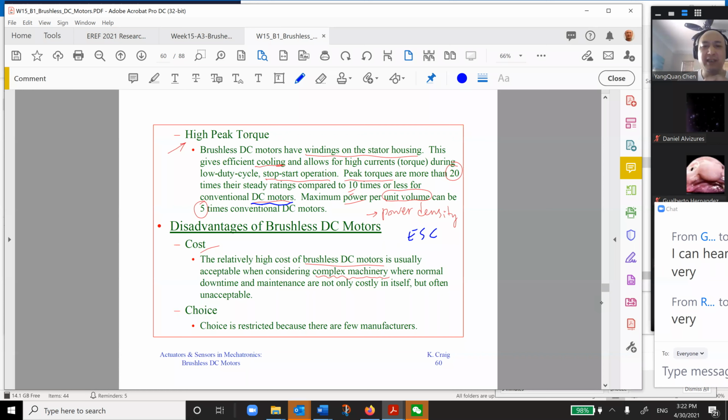But right now it is getting much cheaper, so this probably is no longer so true. And the choice is also restricted. You don't have so many manufacturers and so many choices. So those are the disadvantages.